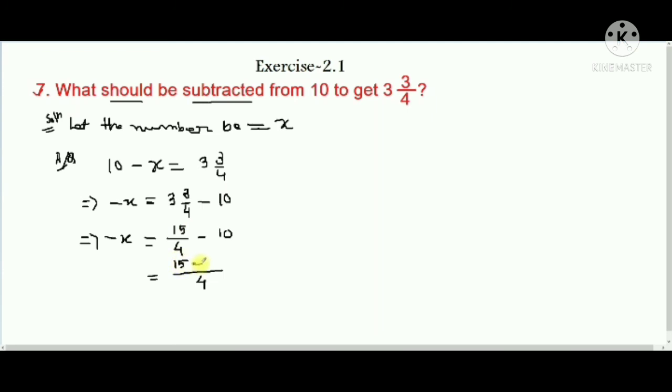Okay, and then you give the minus sign, and the denominator is 1, so how many times does 1 go in 4? 4 times, so directly 4 times 10 is 40. Okay, so now the denominator will be 4, and 15 minus 40, so 40 minus 15 is 25.